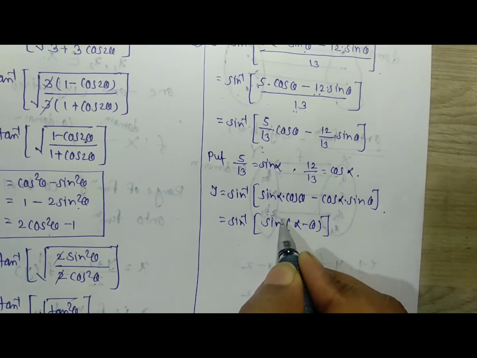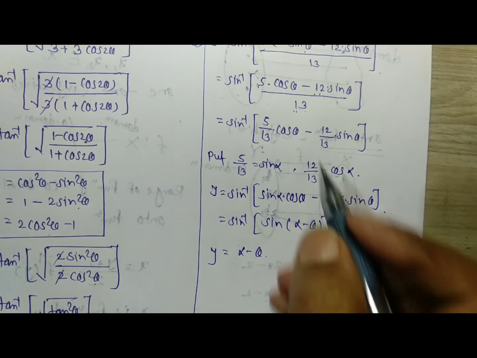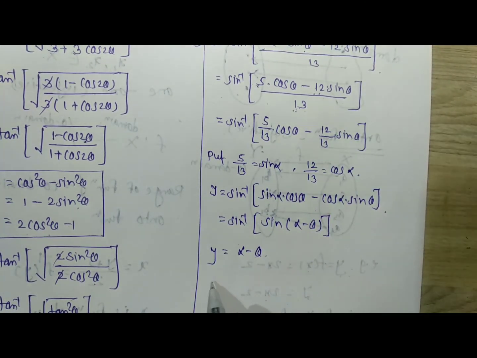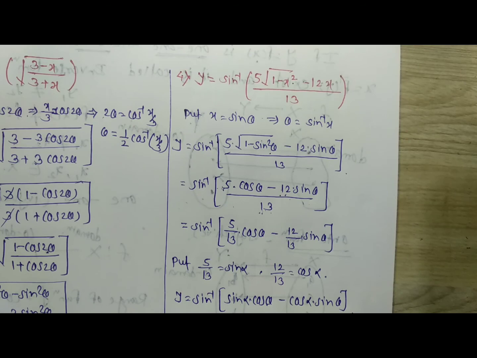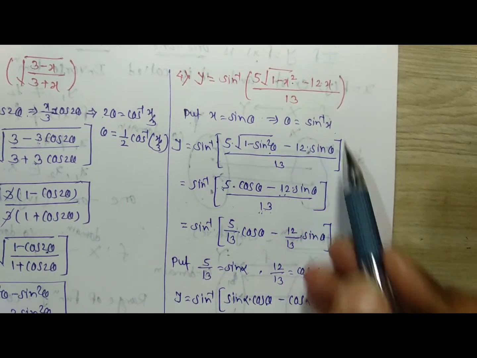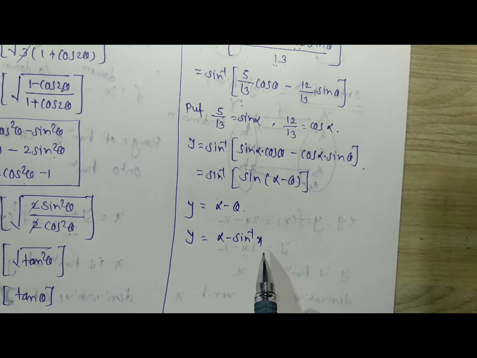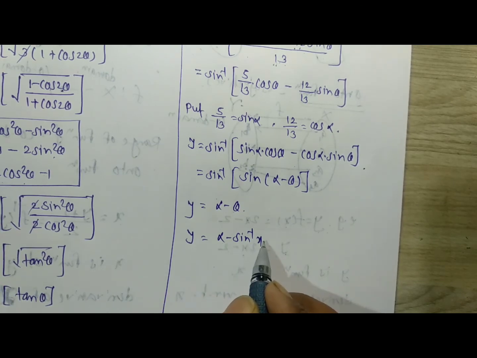Sine and sine cancel each other, and alpha minus theta remains. But what is theta? Theta is sine inverse x, and therefore y is equal to alpha minus sine inverse x.